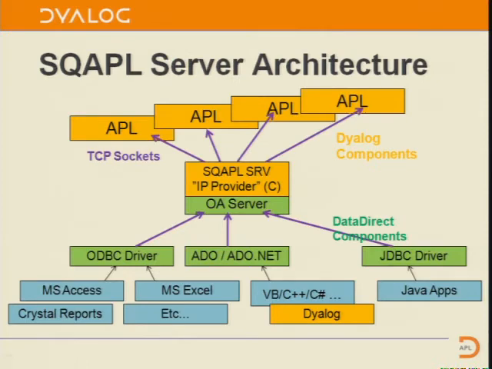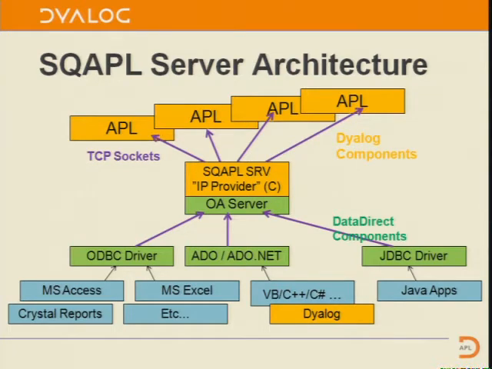Okay, so what's going on here? I think we've seen, well, we haven't seen any Java applications or VB C# applications, but we've seen all the other stuff down here, except my demo Crystal Reports license expired. But you've got client applications down here. They could be going through, with a single server that we've built, the Data Direct infrastructure provides JDBC driver, ADO.NET, or ODBC.